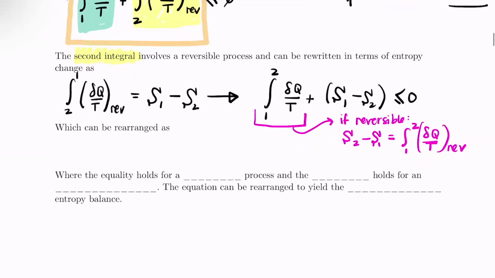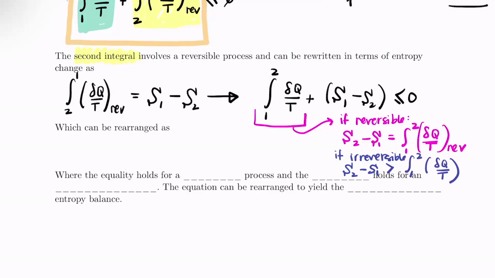And if it's irreversible, then we have S2 minus S1 is greater than the integral from 1 to 2 of delta Q over T.